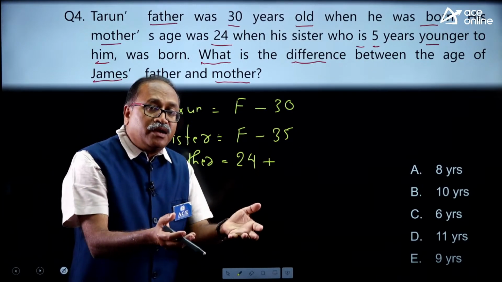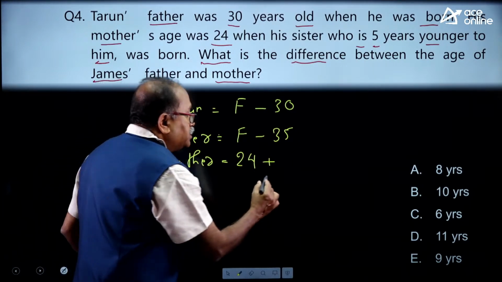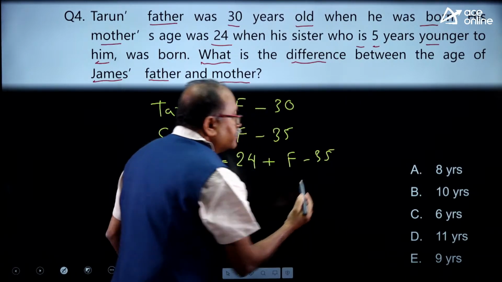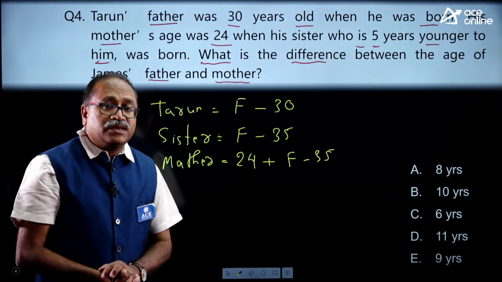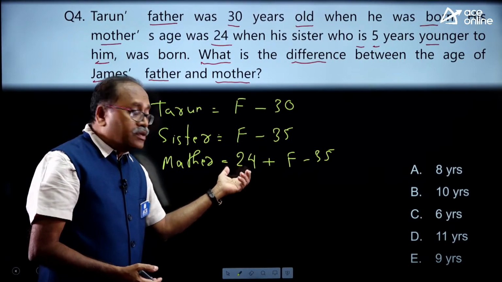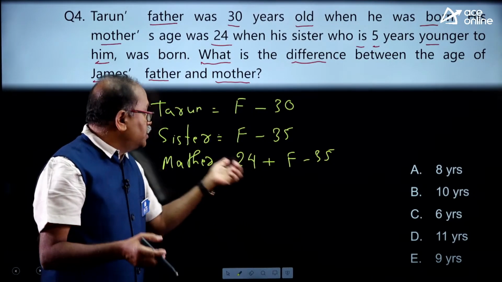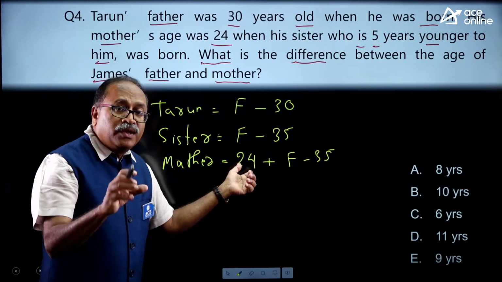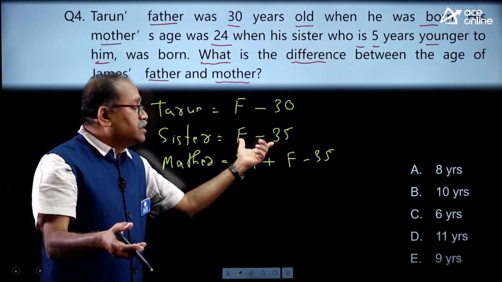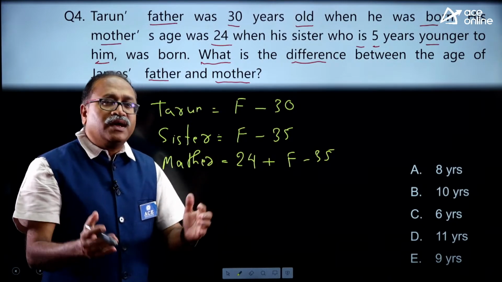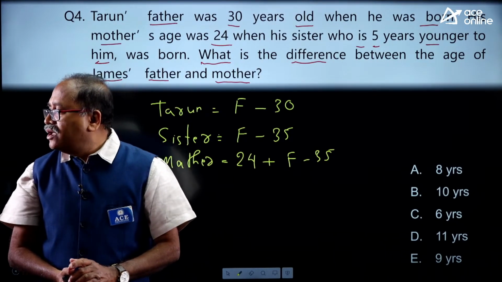So, I will add up this one: plus F minus 35. That's what the mother's age is. When the sister was born, the mother's age was 24. So 24 plus the sister's age, F minus 35. Can you get the answer from here onwards?